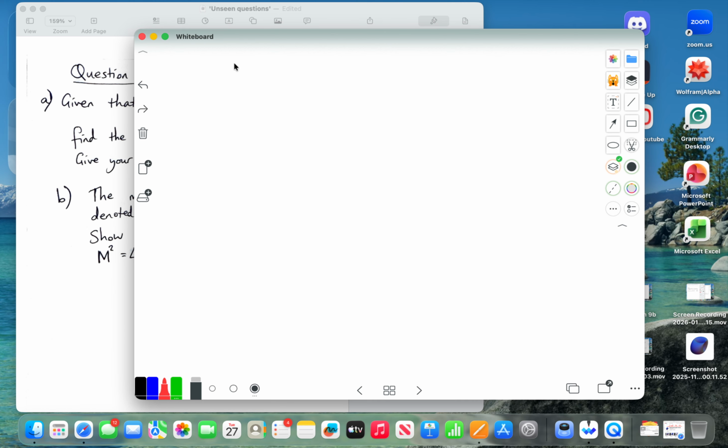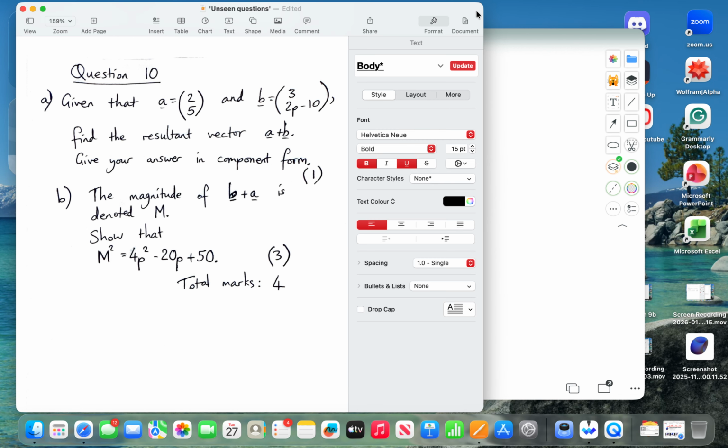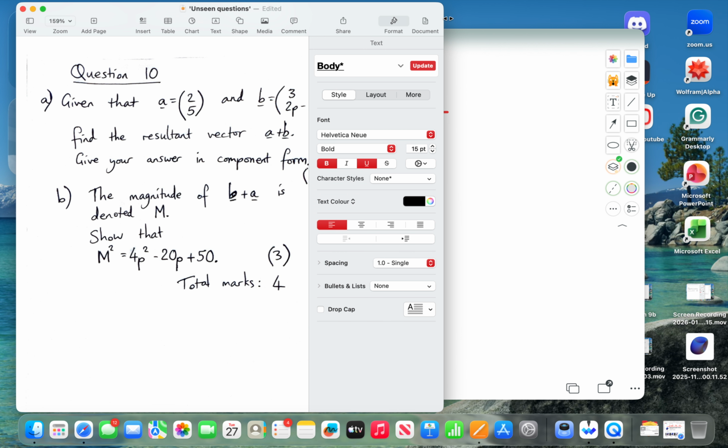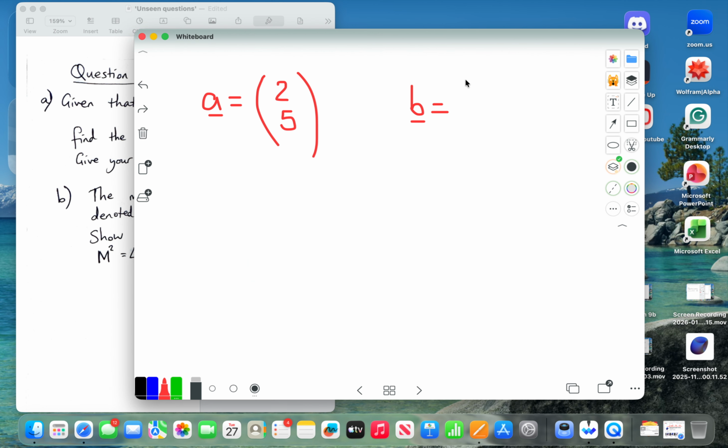So we have the vectors A is 2, 5. And B is 3 and 2p minus 10.